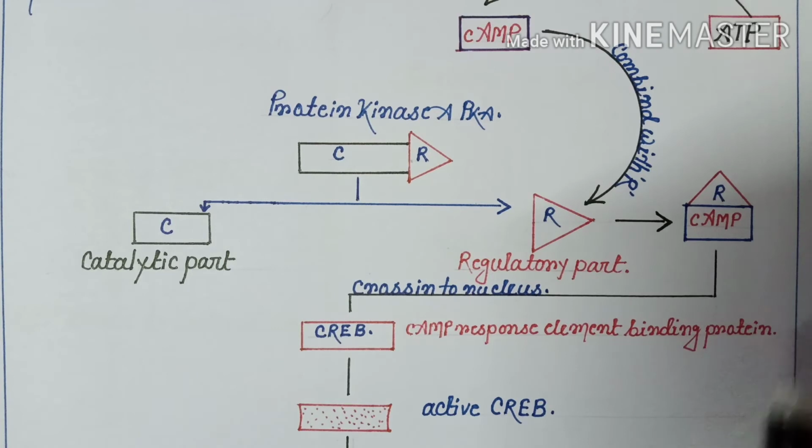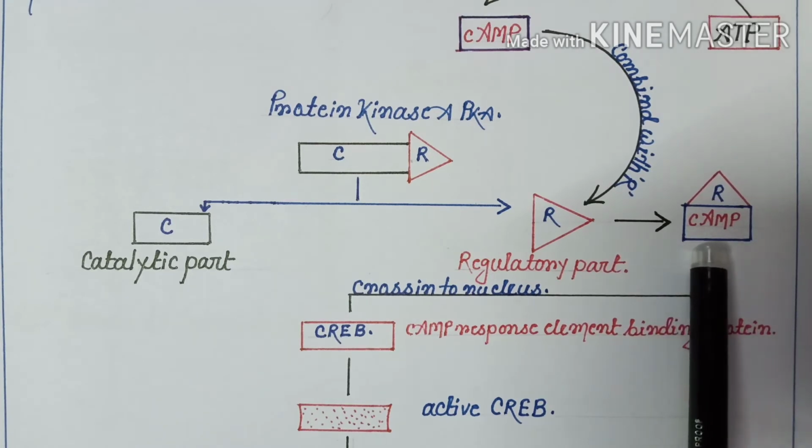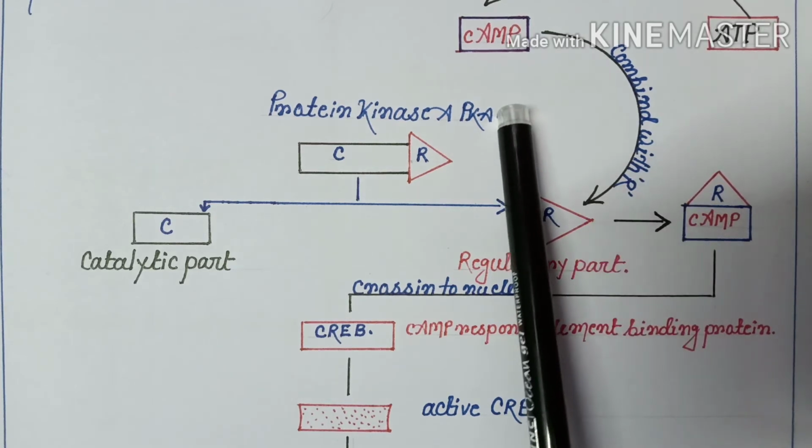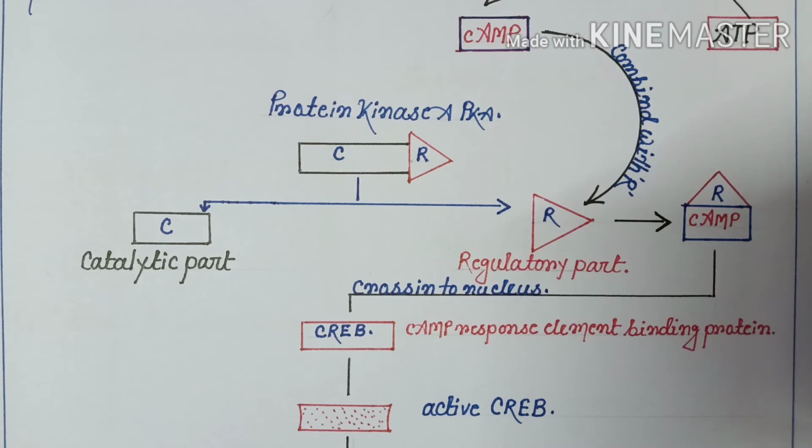As a result, the regulatory cAMP compound is formed, and this whole process occurs inside the cytoplasm.